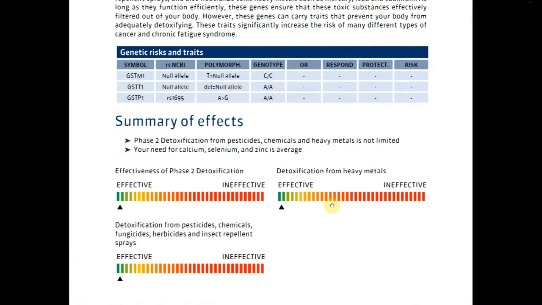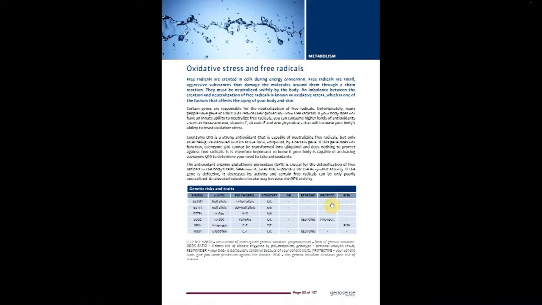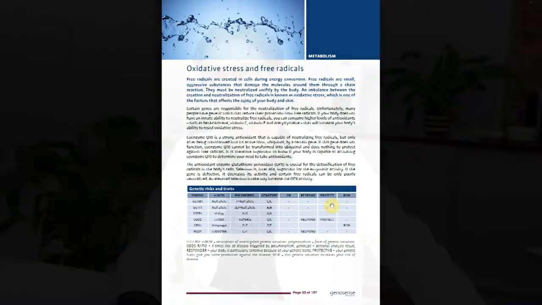Okay, so that's phase 2 detoxification. Then we have oxidative stress, and you will likely have heard of this before. Oxidative stress is a byproduct of converting energy in our body. When we use oxygen, we need oxygen to convert energy and run our body.